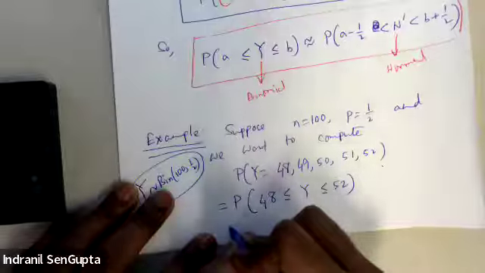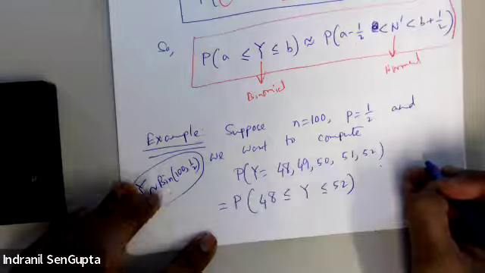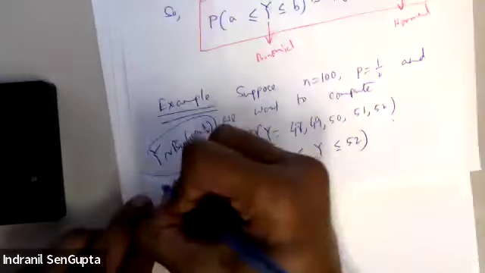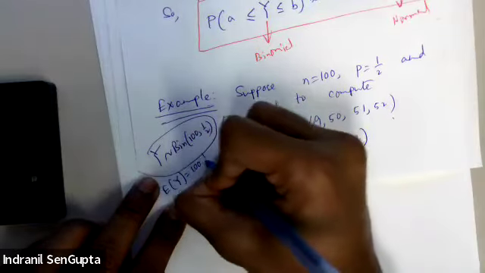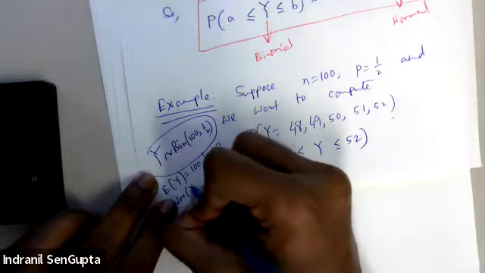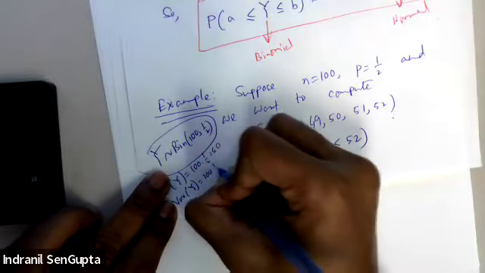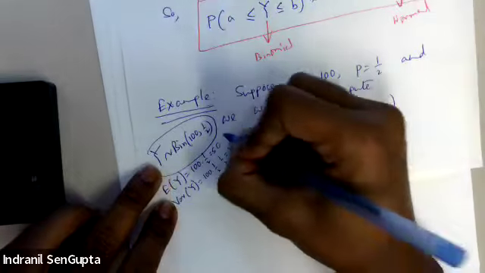So by the previous one, I can compute the mean of this one. E of y is np, which is 100 times 1/2, which is 50. And the variance of y is 100 times 1/2 times 1/2, which is 25, right?